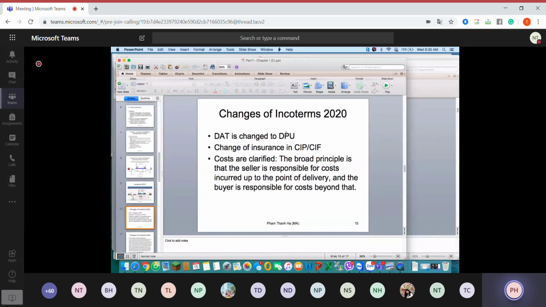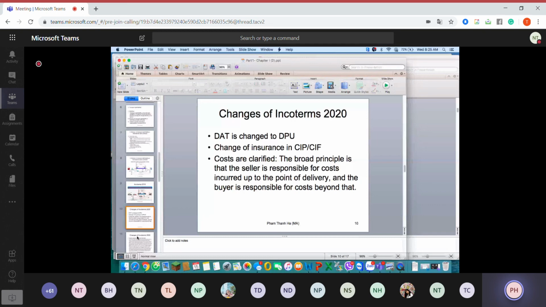Costs are clarified, which means that for the terms and conditions in the newest version, Incoterms 2020, they mention more clearly how to break down the costs between the sellers and the buyers.